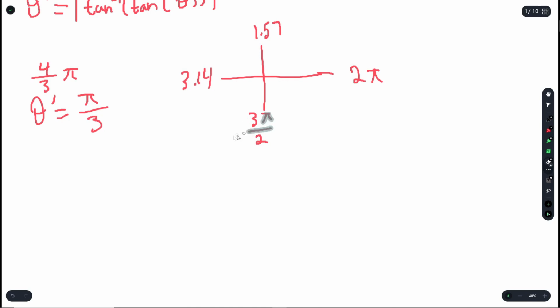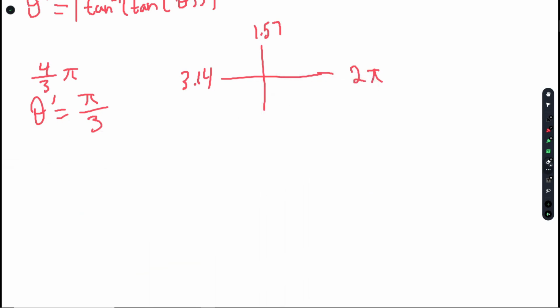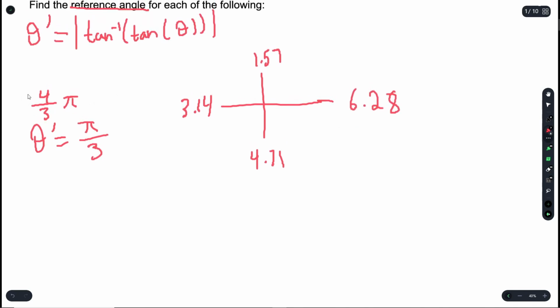And then 3 pi over 2 is 4.71. Then 2 pi, you just multiply 3.14 times 2. So it becomes 6.28.